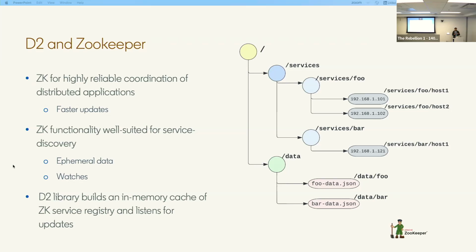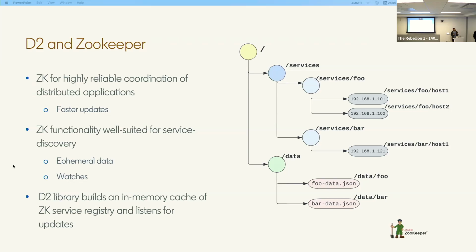So on the right hand side of this slide, you'll see a diagram of the data model that we use to store the service registry data in Zookeeper. Zookeeper is modeled on a file system. There are directories, as you can see in this diagram, and each directory can have data as well as further children.